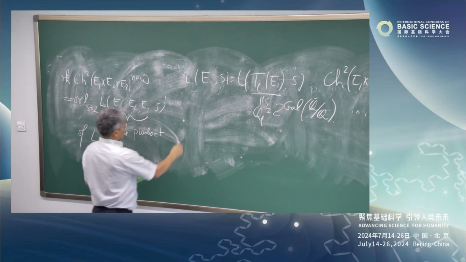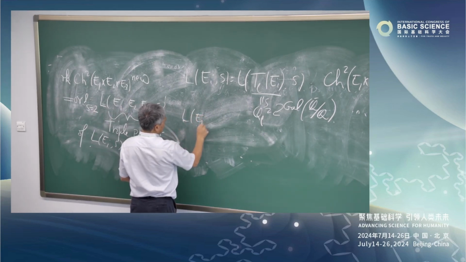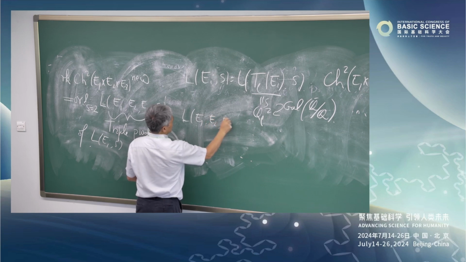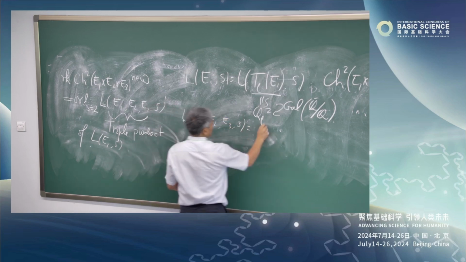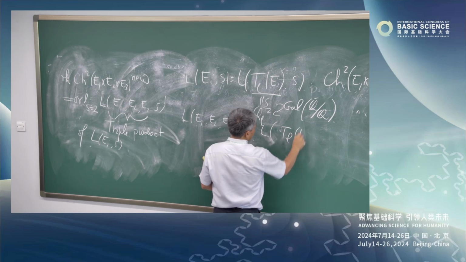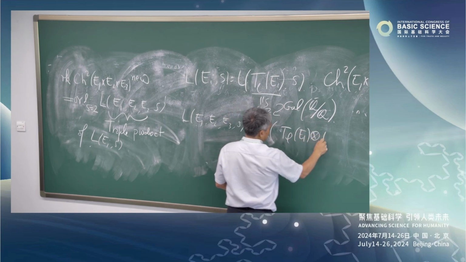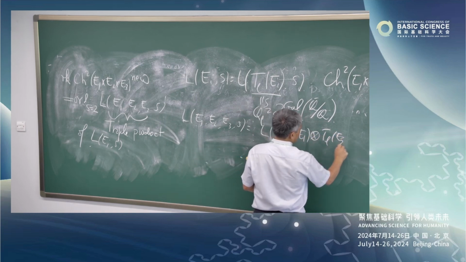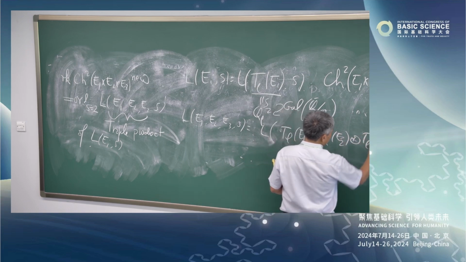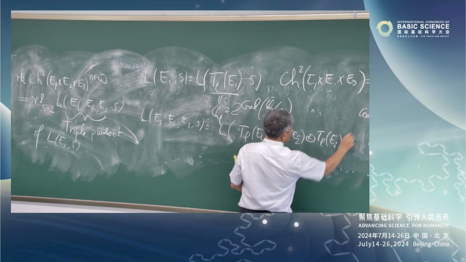And then it is a triple product: L of TL U1 tensor TL U2 tensor TL U3 at s.